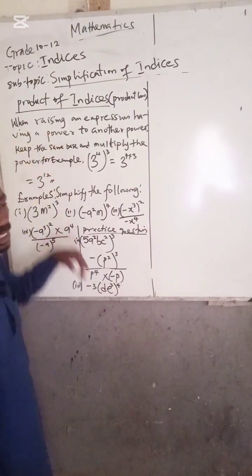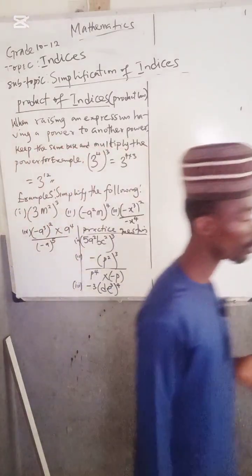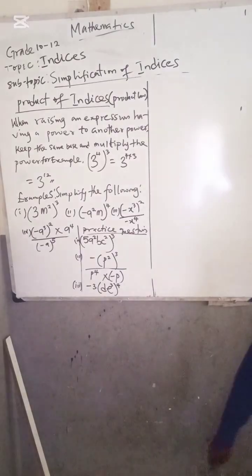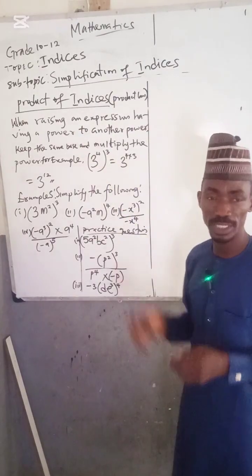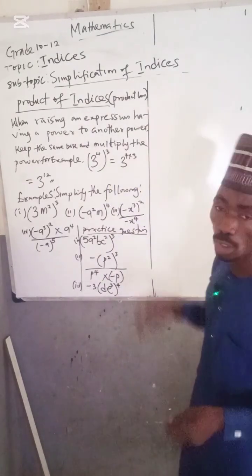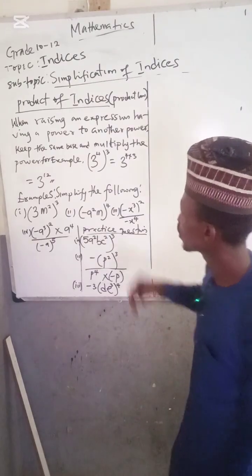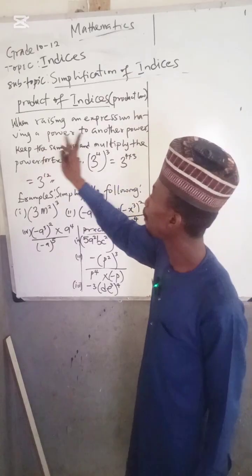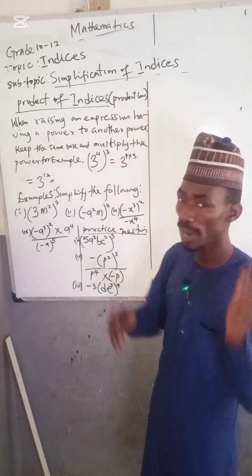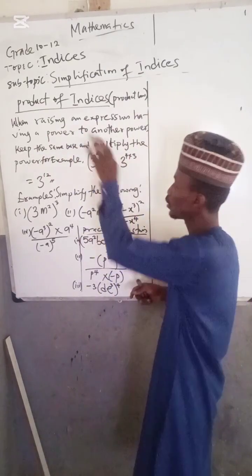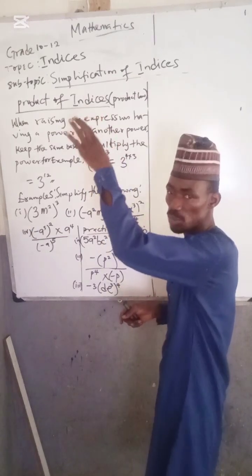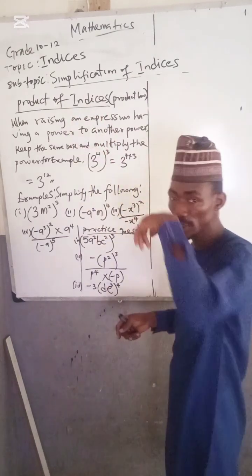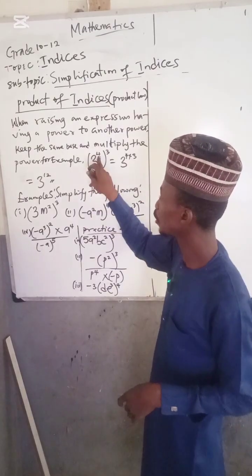Initially, we treated basic laws or facts of indices, then progressing now to a product of indices, which we also call the power law. Now, what are we saying? When raising an expression having a power to another power. We told you what power means in that video, that this power, exponent, index, they are all the same. This is a base, this is what? Power.